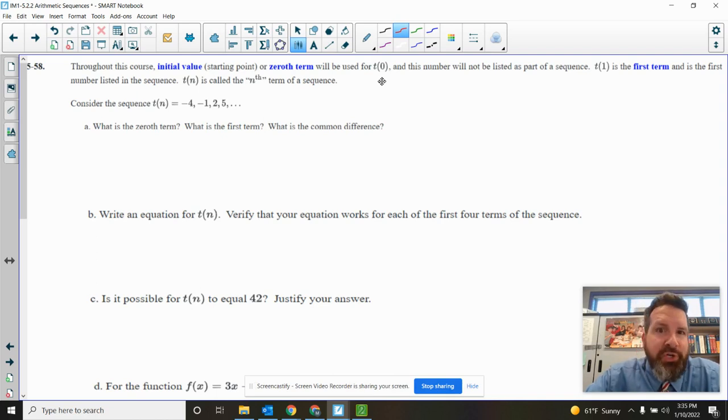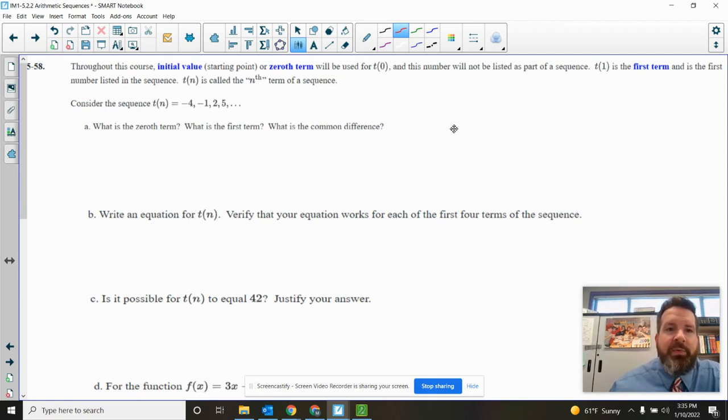The zeroth term is that initial starting point, which even though it often doesn't show up in a sequence, is what you get if you imagine going one step before the first term. That's your zeroth term. So T1 is the first, and it's the first number that's actually listed, but T0 is the initial value, the starting point.